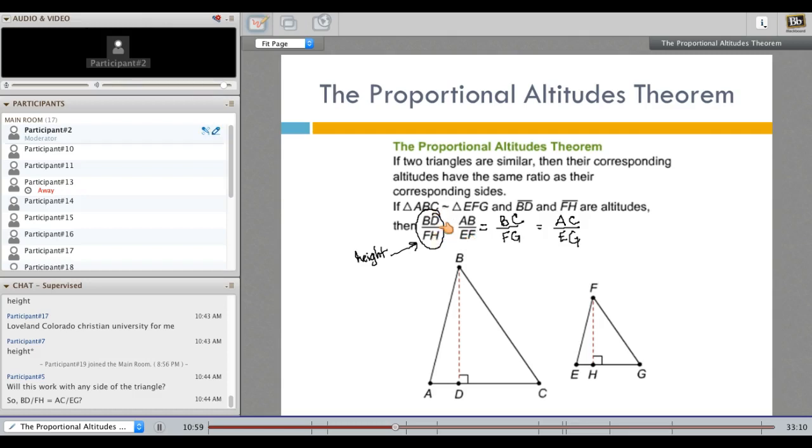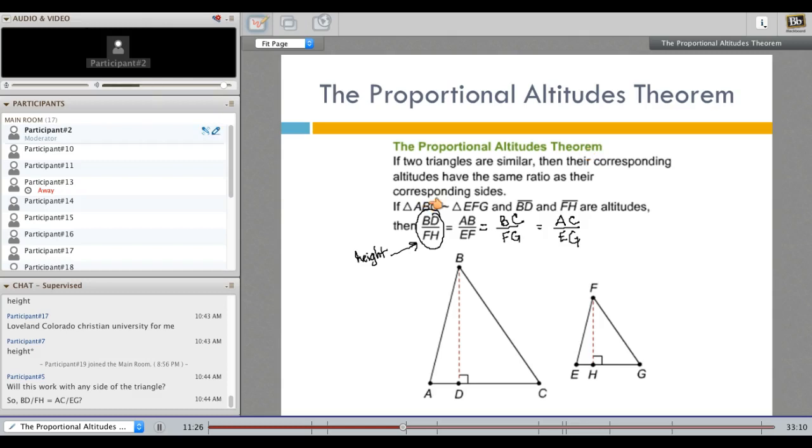In the proportion, you'll see that it'll have the altitudes. And so that should be your clue, because this is called the proportional altitudes theorem. You'll be able to say, oh, here's the ratio of the altitudes, so that has to be because of the proportional altitudes theorem. Okay, so do pay attention to the name of that.